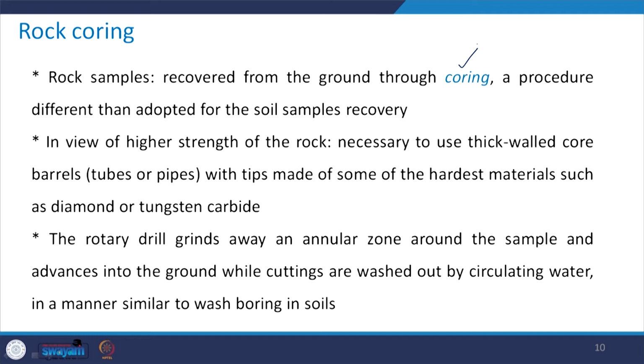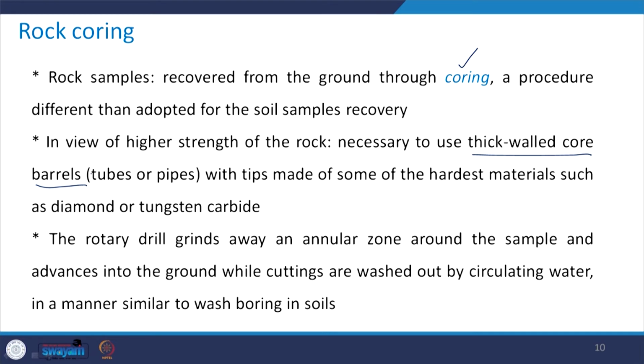I do not need to tell you this, but the strength characteristics of rock are much better as compared to those of soil. That means the material rock has much higher strength as compared to soil. And therefore, to extract rock samples from the ground, one has to use thick walled core barrels.